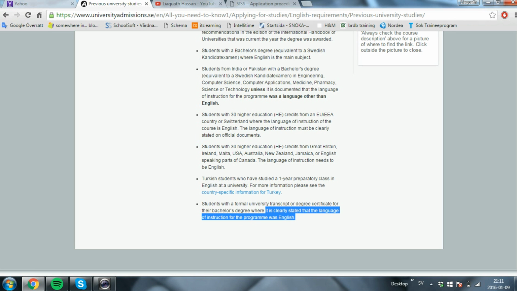Why am I saying this? Because many people have got admission with a separate paper before, so I cannot just say no, you cannot get admission.